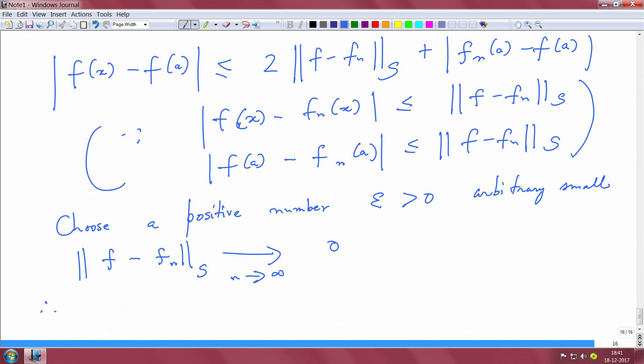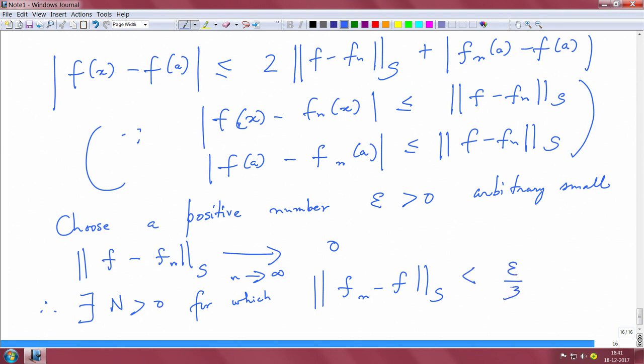Therefore, there exists some natural number capital N for which this norm, and I am interchangeably using fn minus f and f minus fn, it is basically the same, the supremum, is less than epsilon by 3 for every small n greater than or equal to capital N. Then choose and fix that n, say n equal to capital N, which ensures that this is less than epsilon upon 3.